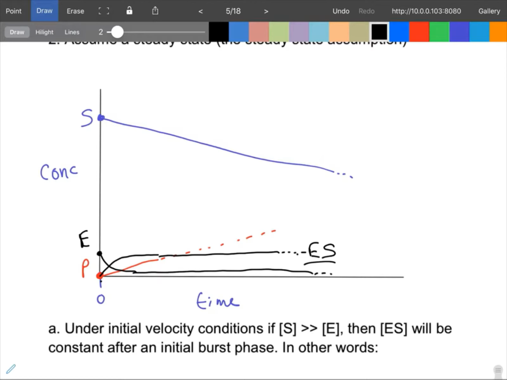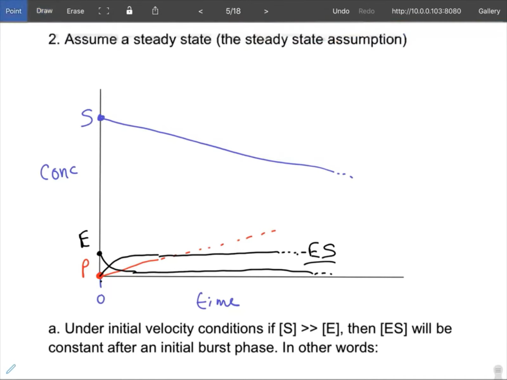So the whole point about this is that initially the enzyme substrate concentration is 0, but after a very quick time, and we're talking usually about milliseconds of time here, the enzyme substrate concentration is consistent over time. In other words, the change in the enzyme substrate concentration is 0.